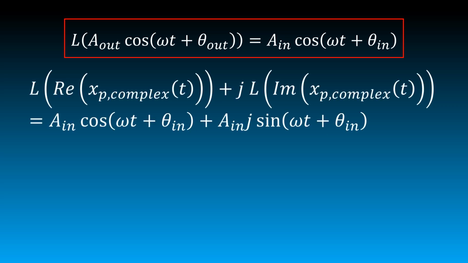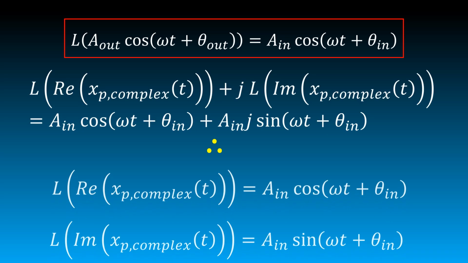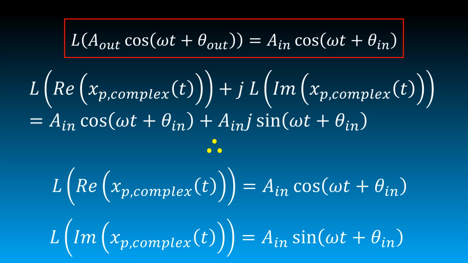And so, therefore, we can say that if we have a linear operator that operates on the real parts of our output, then we have the real parts of our input. And if we have a linear operator that operates on the imaginary parts of our output, then we get the imaginary parts of our input.